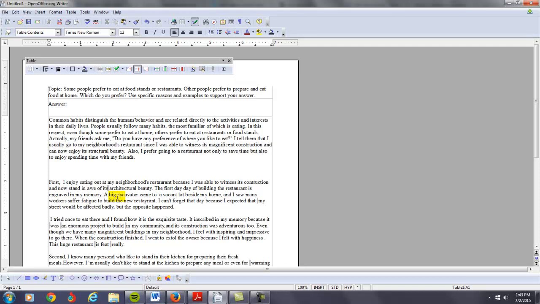I saw many workers suffer fatigue as they started to build the new restaurant. I could not forget that day because I expected that my street would be affected badly. But the opposite happened.